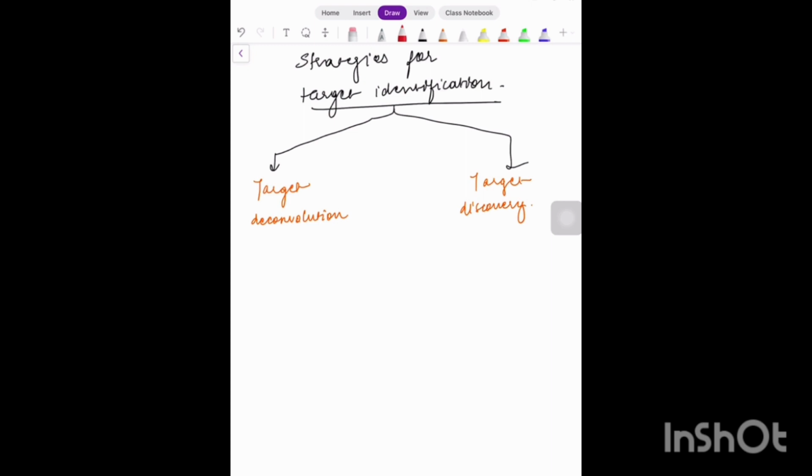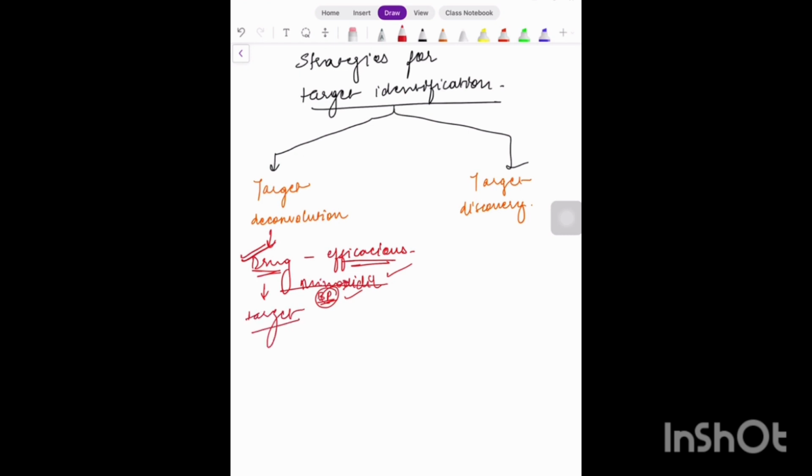But here what is happening is, in this scenario we begin with a drug that appears efficacious. So we start with a drug that we think is efficacious or will have some good therapeutic effect on the body, and after this we try drug identification, that now on the basis of this drug, suppose I found out that minoxidil, okay, minoxidil, so this particular drug is helping in blood pressure. So first I identified the drug and then I'll find out what its target would be.